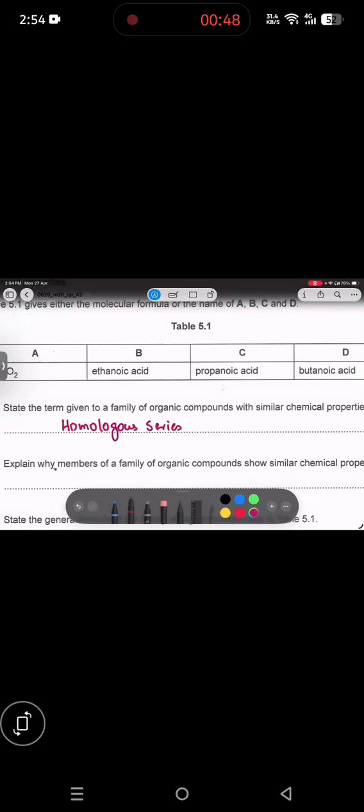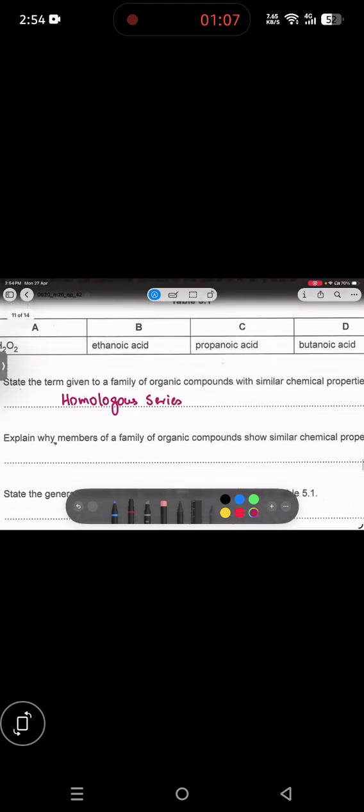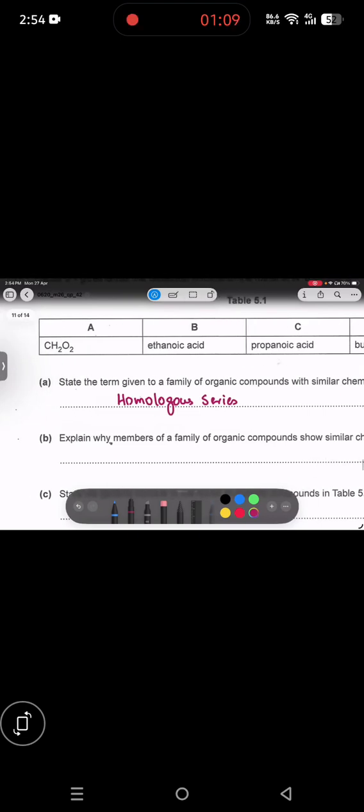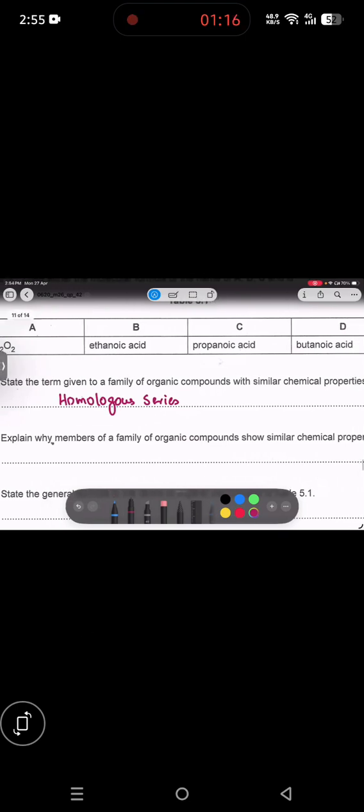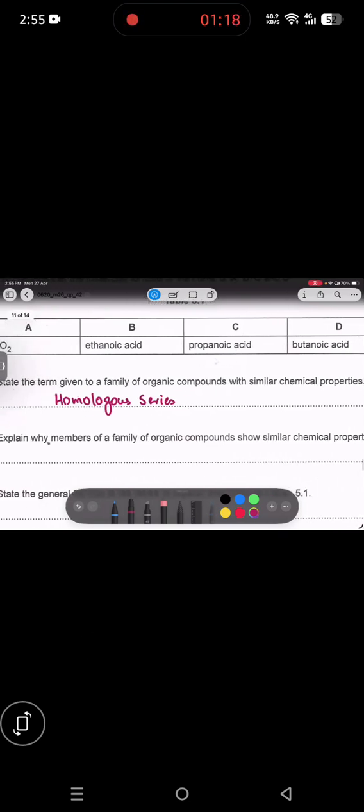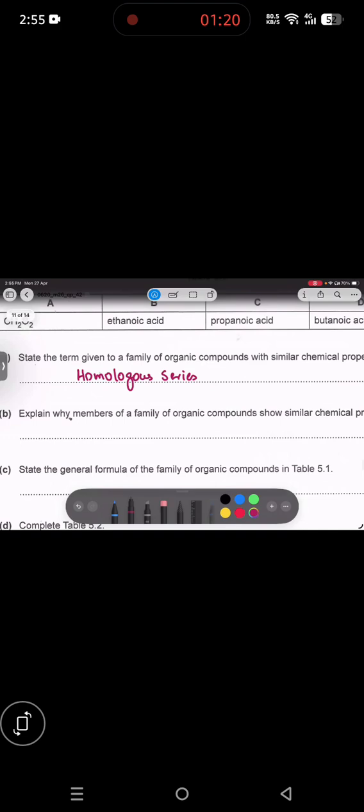For the homologous series, they have the same chemical properties and the same general formula. The number of family members increases by the difference of a CH2. Their physical properties are different. Explain why the members of a family of organic compounds show similar chemical properties: because of the same functional group.